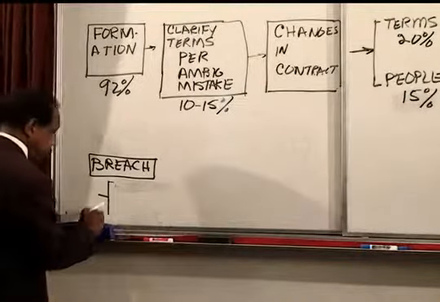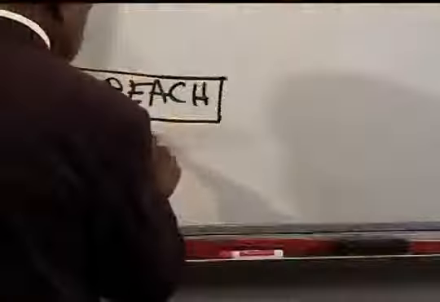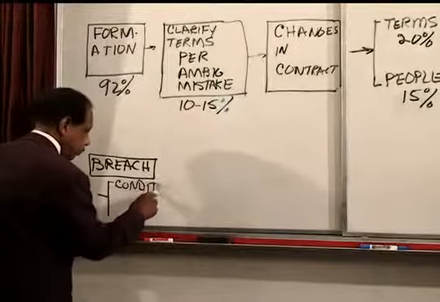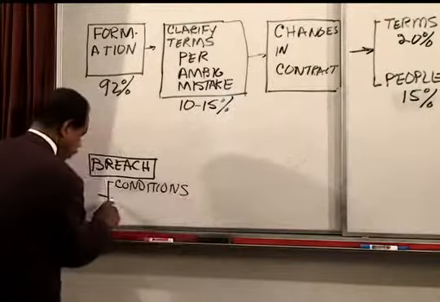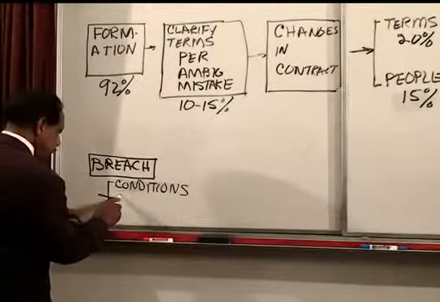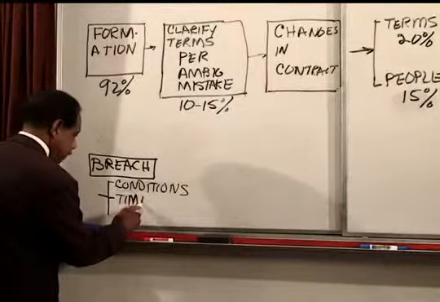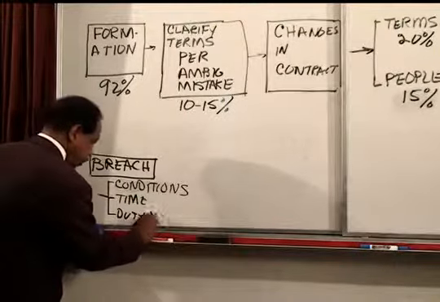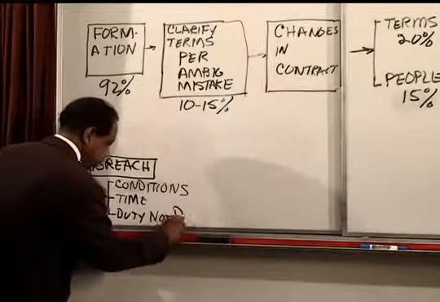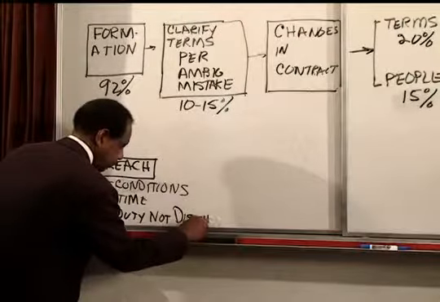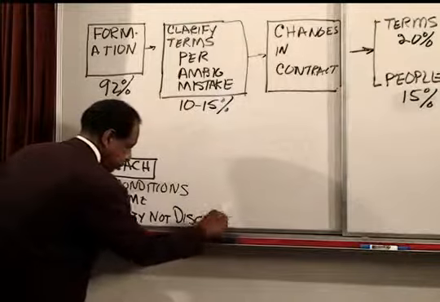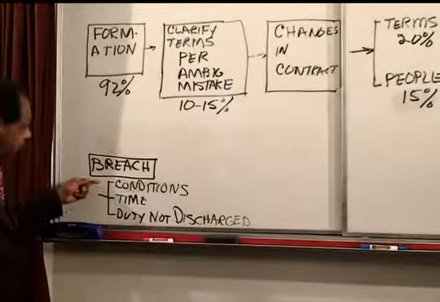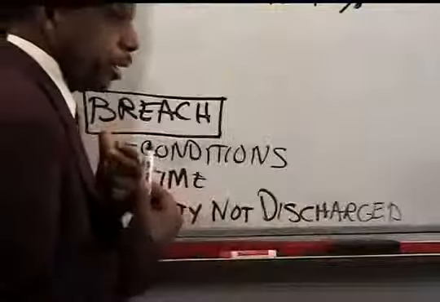Number 2, time, and number 3, the duty not discharged. So the breach of contract requires that all conditions preceding. Let's go back for a second.